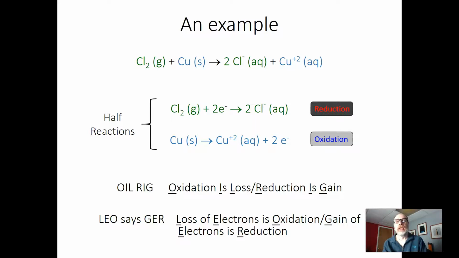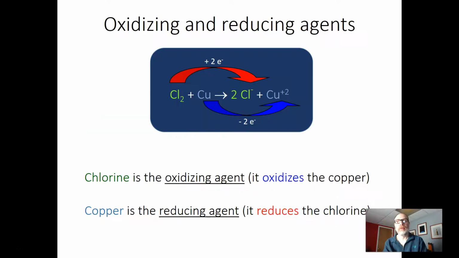And I can't emphasize how important it is to have those 2 things straight in your head, so that you can decipher between oxidation and reduction. Now, how do we determine whether a reduction process or an oxidation process has happened? Well, we're going to have to use something called oxidation number, and that's what we're going to move to next.